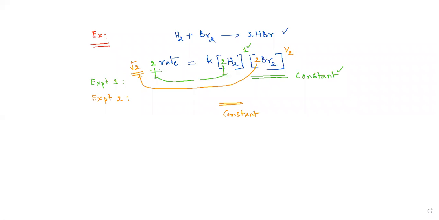Hope you got my point. It is not just the stoichiometric coefficient that we consider as powers. These powers are obtained by conducting experiments. So a rate equation should only be written after conducting experiments, not just by considering the stoichiometric equation. Let me also give you one more example.